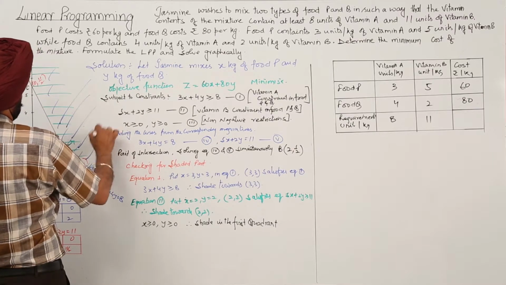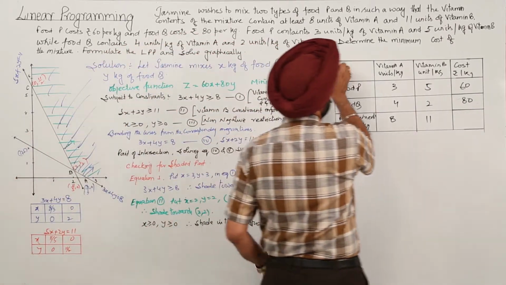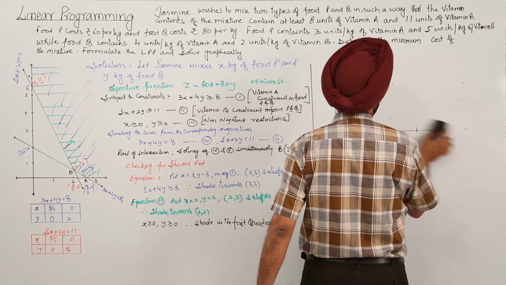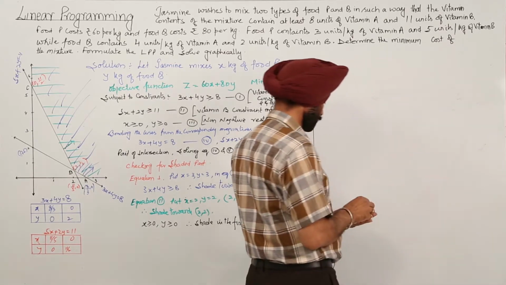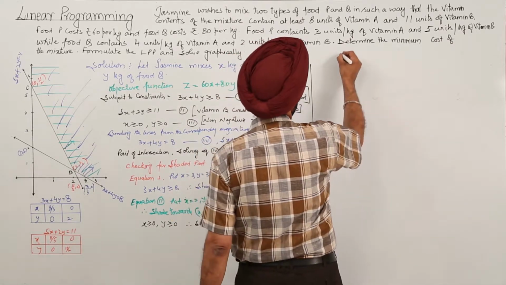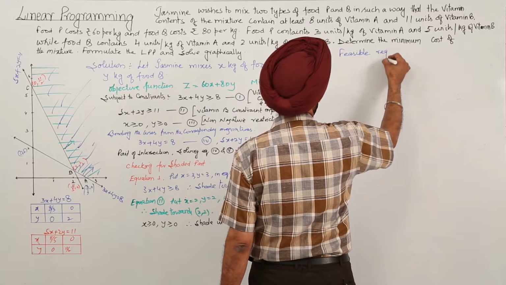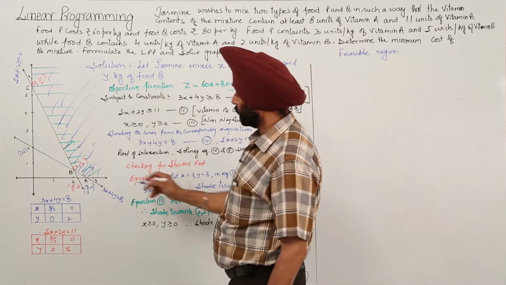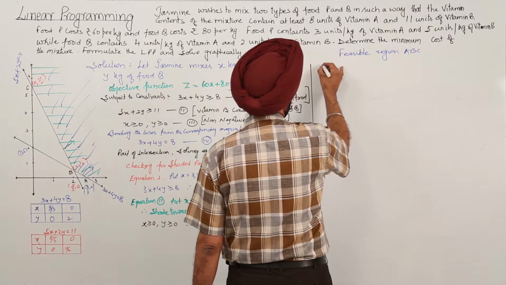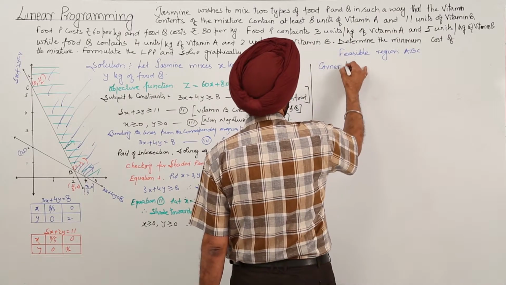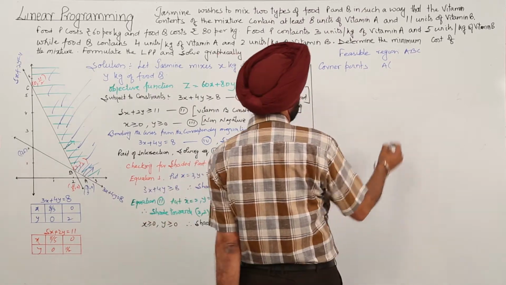Now the feasible region we are having is A, B and C. Corner points: A is 8 by 3 comma 0.